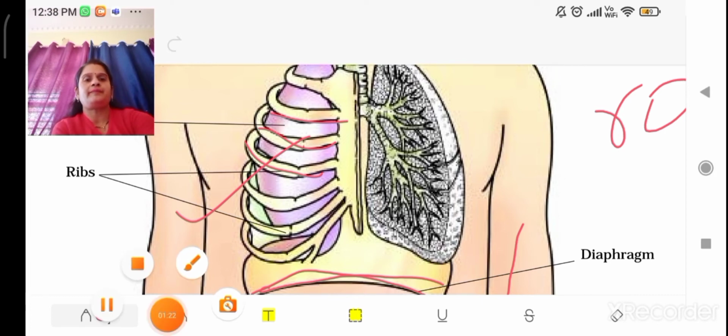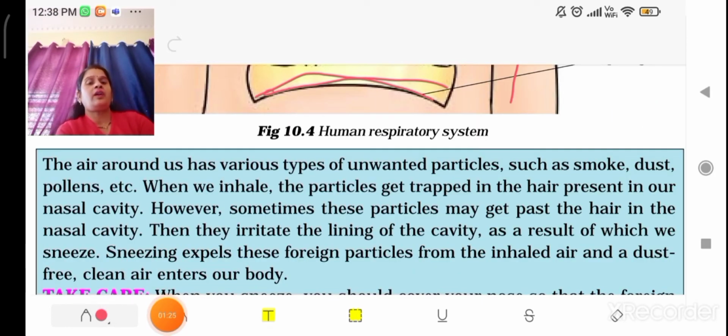Fine. Not only this, even in our nasal passage we have some very fine hair-like structures. What is the function of those hairs? In the nostril, mucus and fine hairs are present.